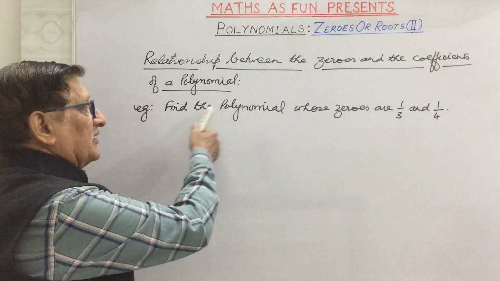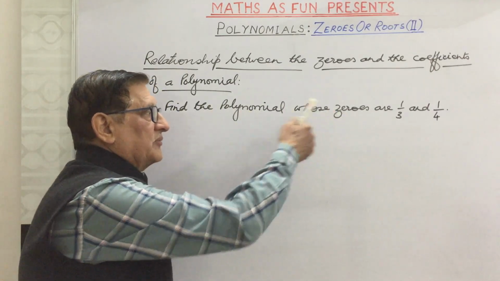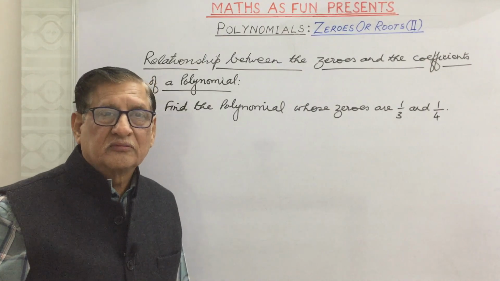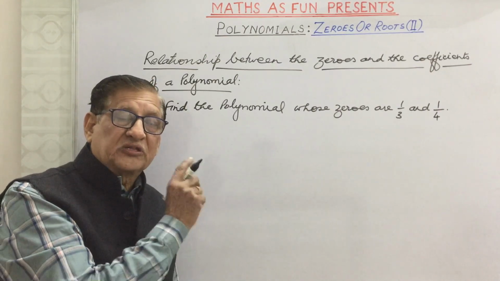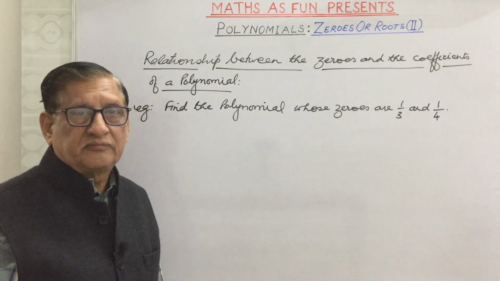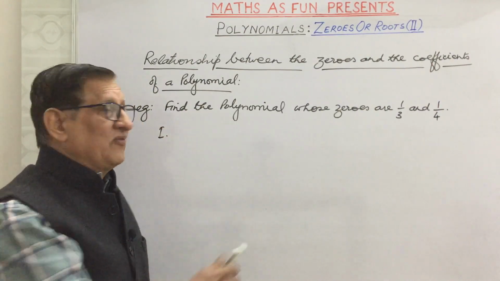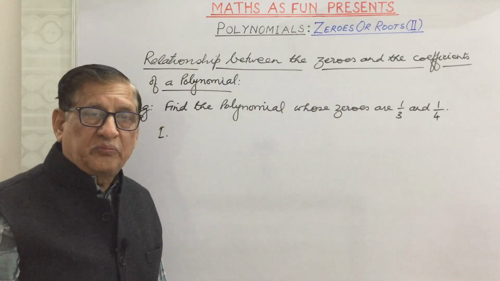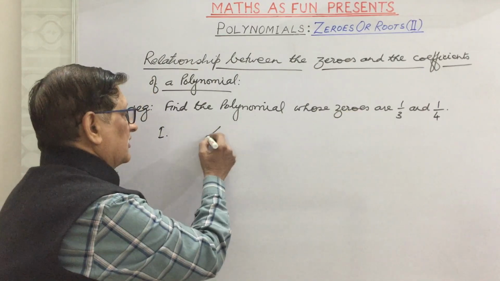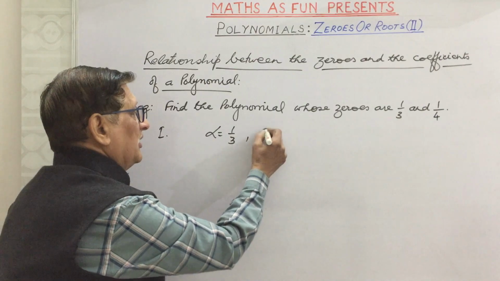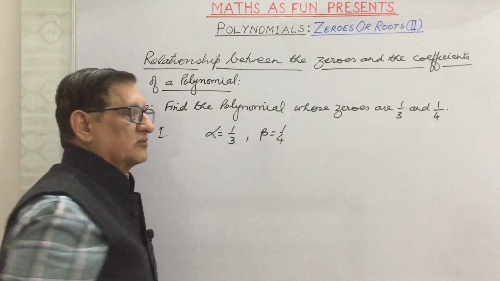The problem is: find the polynomial whose zeros are 1 upon 3 and 1 upon 4. We can find the solution of such a problem in 3 different methods. The first method is we write these zeros as alpha and beta. So alpha is 1 by 3 and beta is 1 by 4.